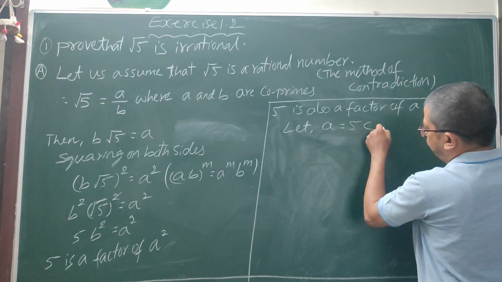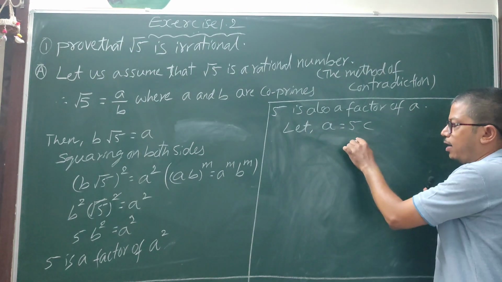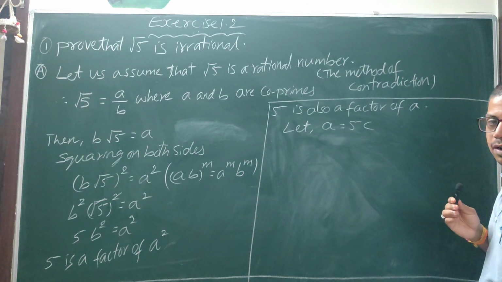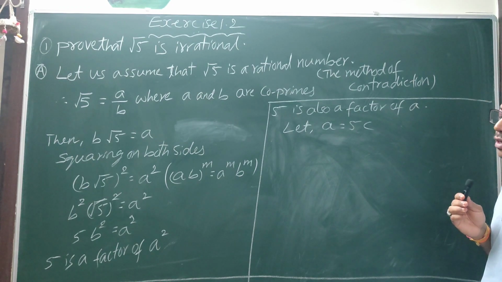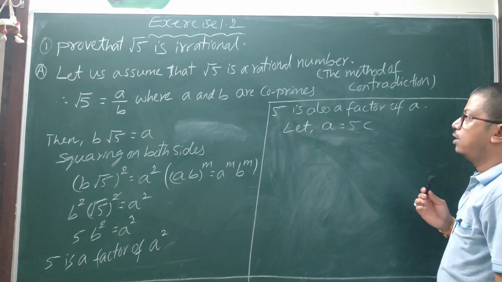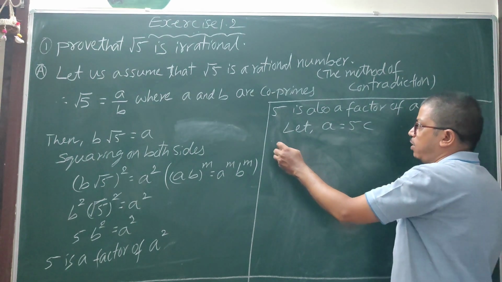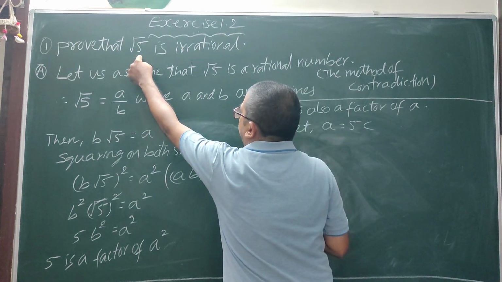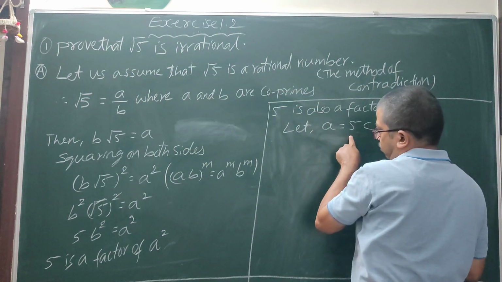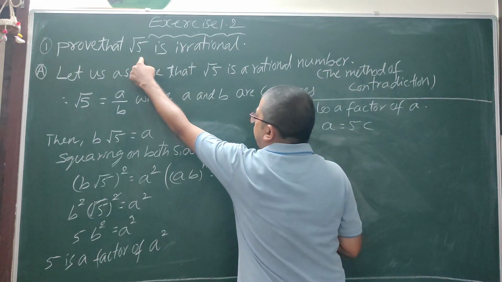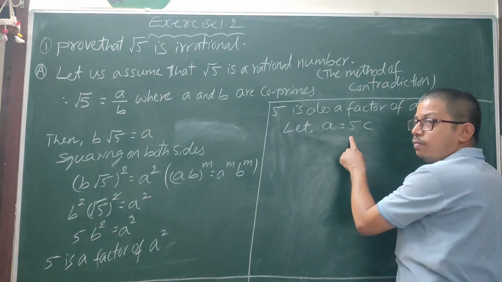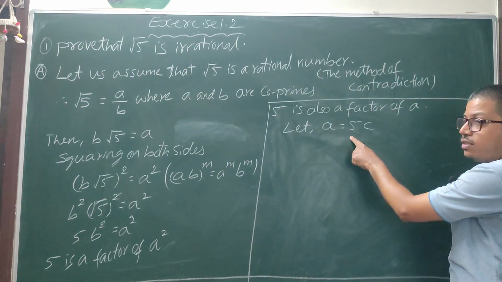Let a equal to 5c. So taking like this depends upon the number given inside the square root. Here I am given root 5, so I have taken 5. If I am given root 7, I will take here a equal to 7c like that.